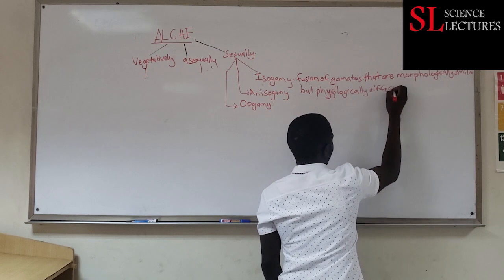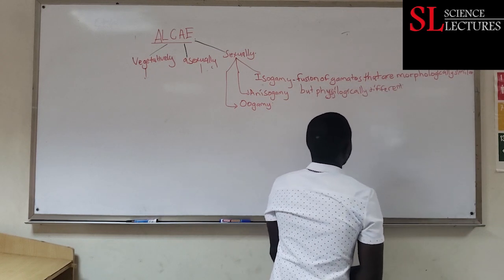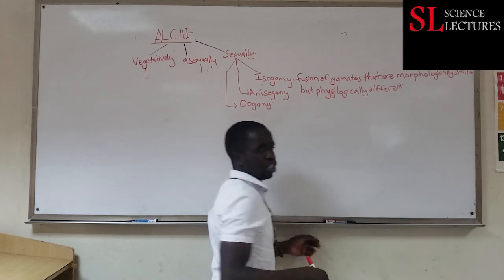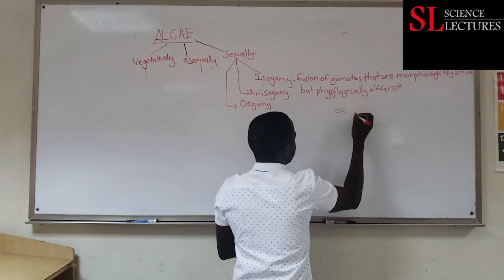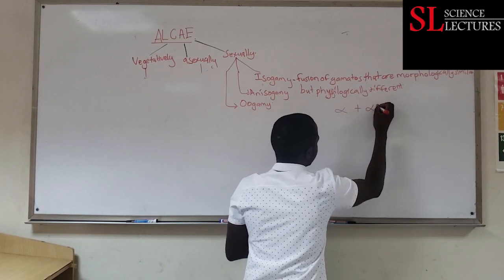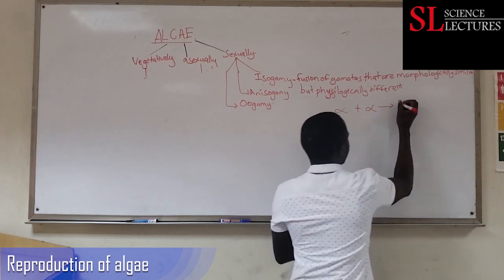So that is isogamy. Fusion of gametes that are morphologically similar but physiologically different. And when I have this gamete fusing with this gamete, they form what you call a zygospore.